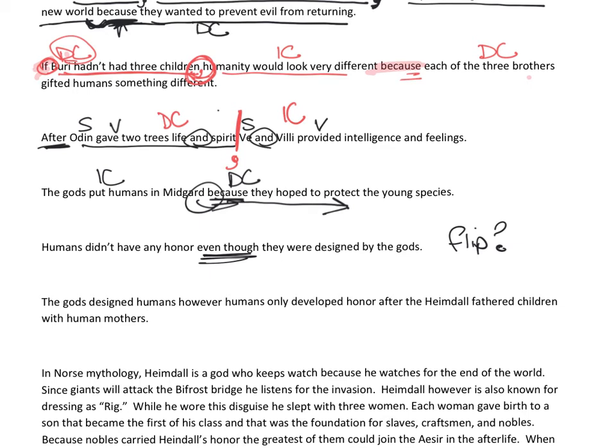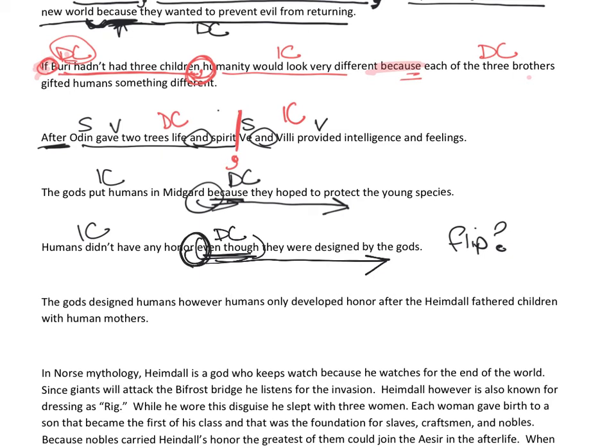Even though humans were designed by the gods, they didn't have any honor. Yep, totally flips. If it flips, what is it? It is a dependent clause. Everything that comes after the subordinating word is your dependent clause. That means this front half is the independent. And if I have IC, DC, what do I need in front?